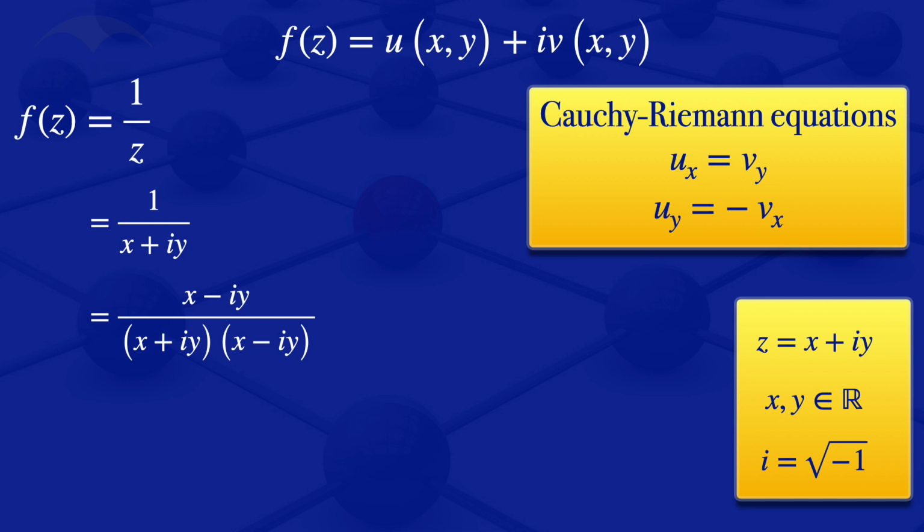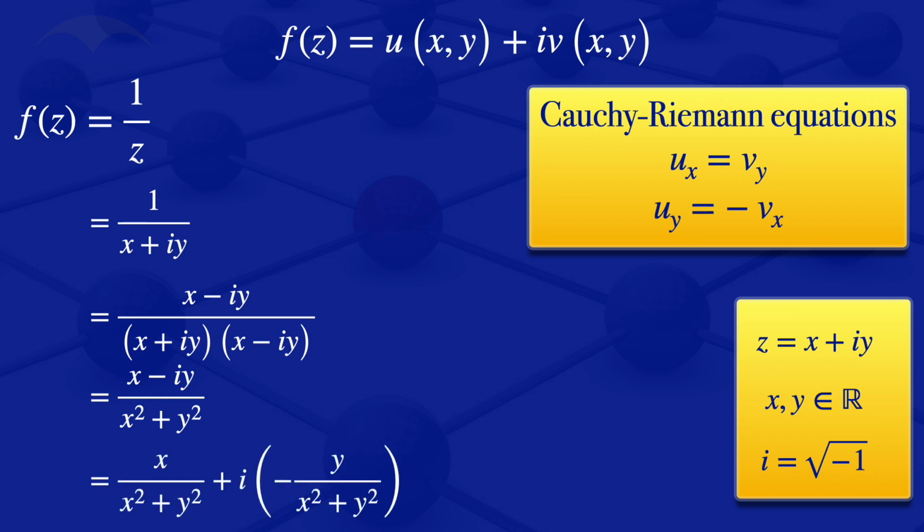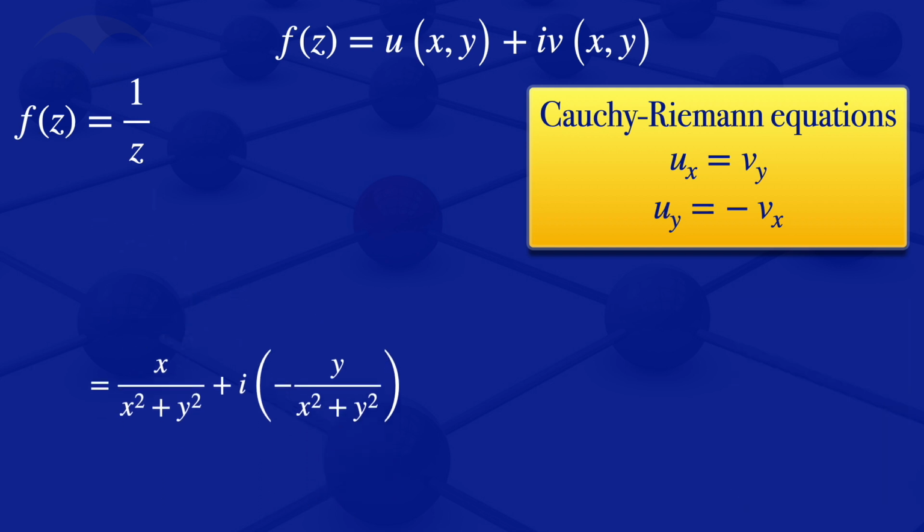That will simplify to x minus iy divided by x squared plus y squared. I can then write the real part on its own and the imaginary part on its own, and would have x divided by x squared plus y squared plus i multiplied by minus y divided by x squared plus y squared. So that's our f of z.